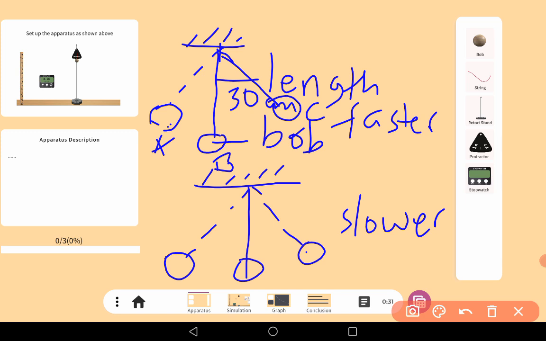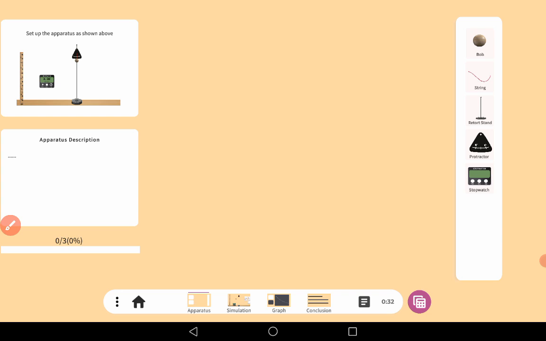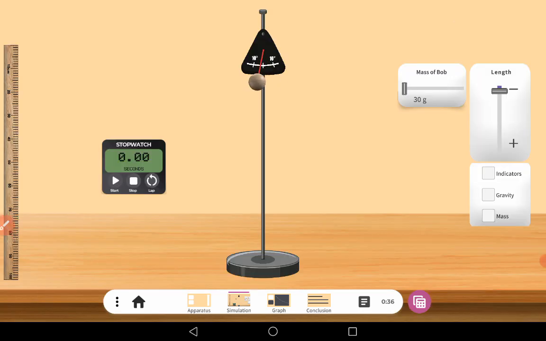Alright, so how can you use the application to model that? Look at this. Suppose here we have a shorter string. When you displace this and let it oscillate, you see that it is making more oscillations per given time. You can model this at the time in seconds.